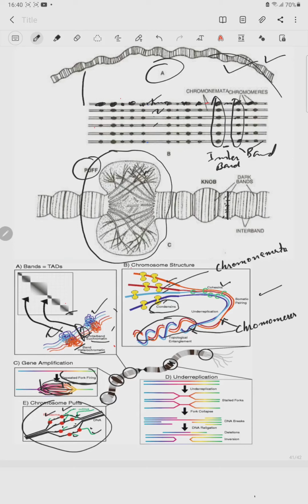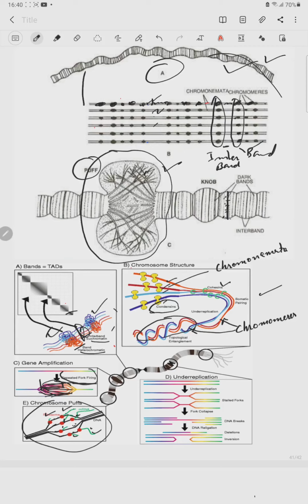But when there is a large requirement of a particular type of protein, to gain a large amount of protein concentration, these genes amplify and result in the formation of multiple copies of the single gene, and ultimately in the formation of a puff.